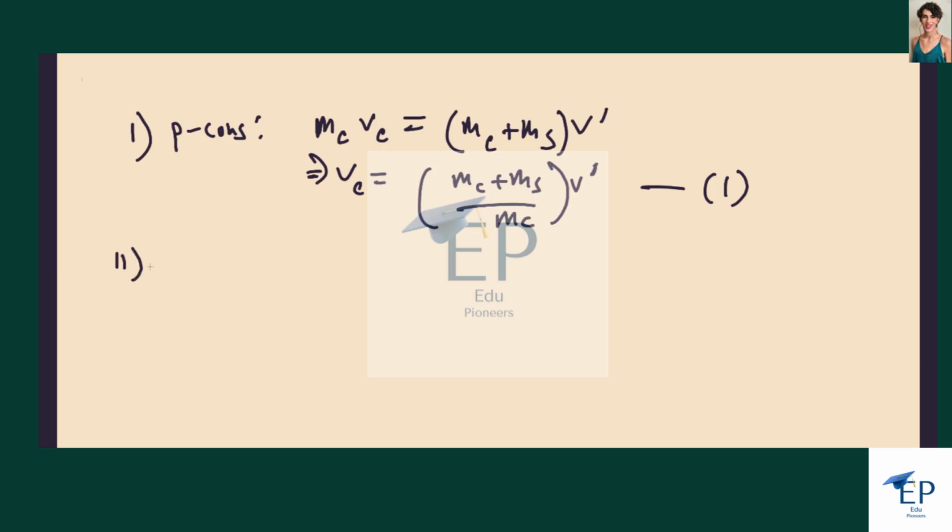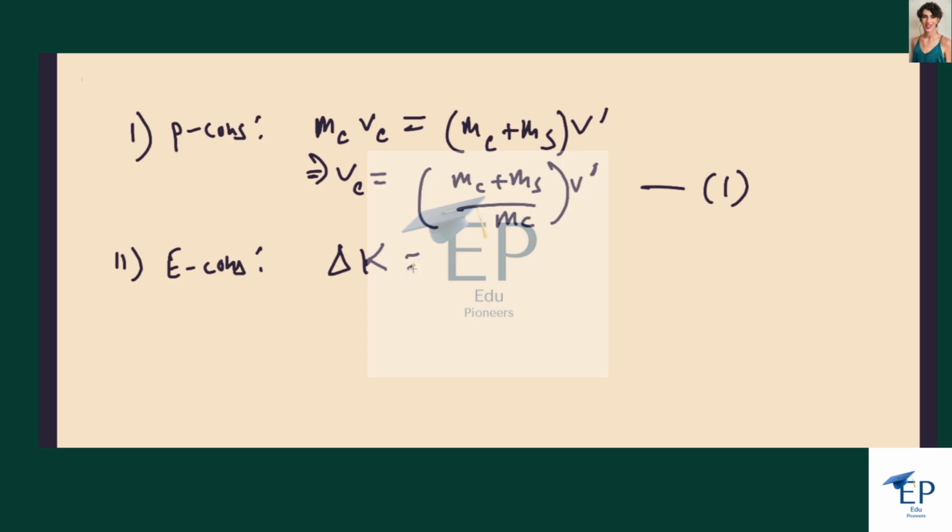In part 2, we're using energy conservation. Here we're noting that the kinetic energy gained by the cars right after the impact comes directly from the work done by friction.